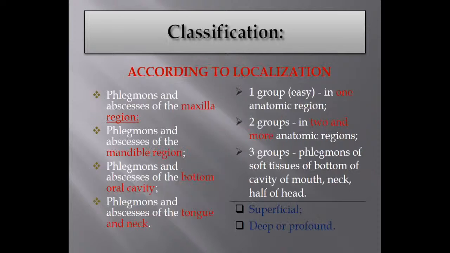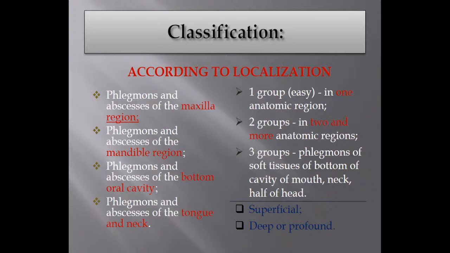Classification. There are a lot of different types of classification, but you have to understand that it can be an abscess or phlegmon of the maxilla region, mandibular region, bottom of the oral cavity, tongue and neck. And according to the groups, the first group is the easiest one, in which we can see an abscess or phlegmon in one anatomic region, for example, in the cheek or other spaces of the face.